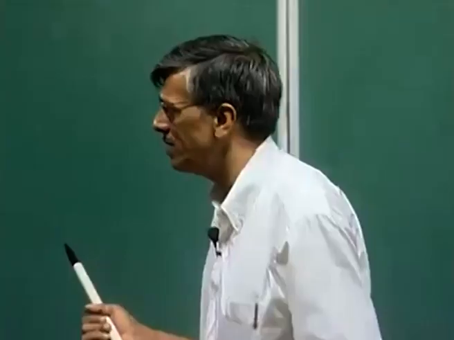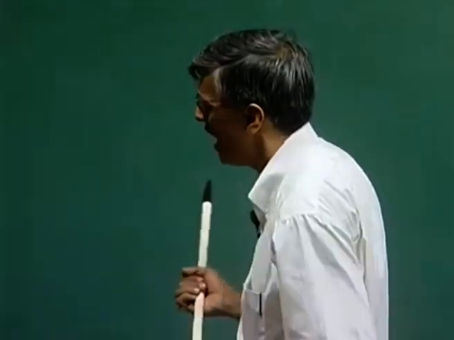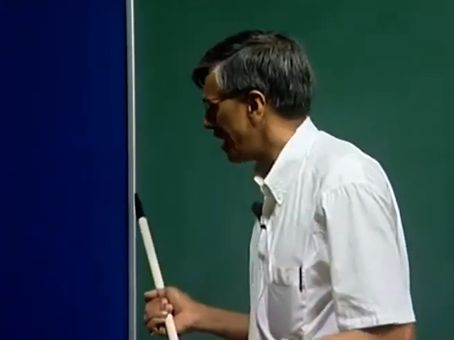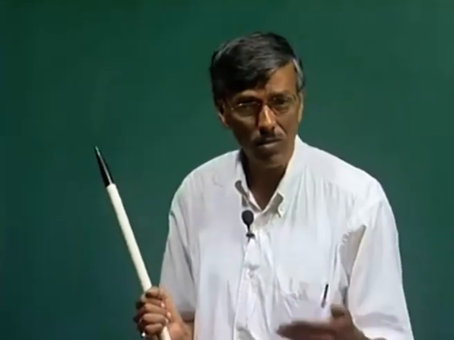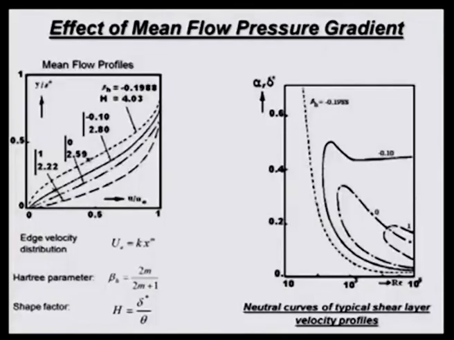However, what we are next going to focus upon is what happens if we look at flows of different kind. Flows of different kind are characterized by, let us say, what the velocity distribution is in the inviscid part of the flow.